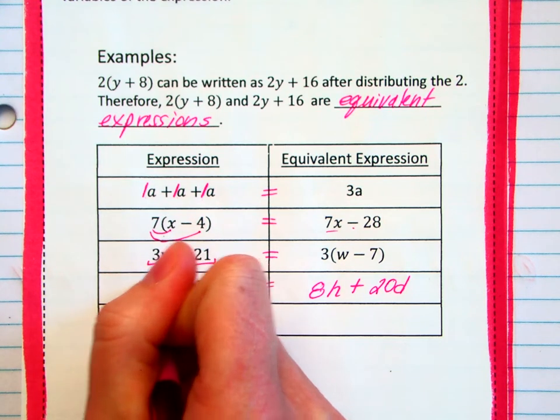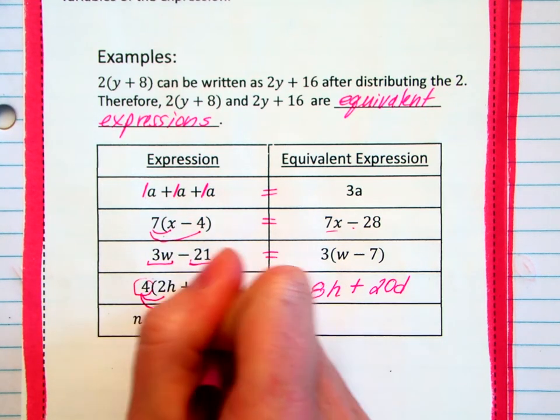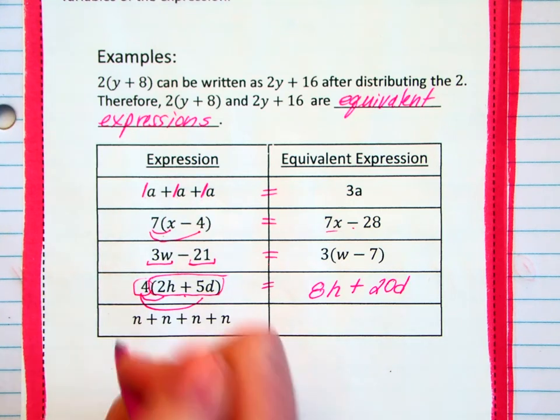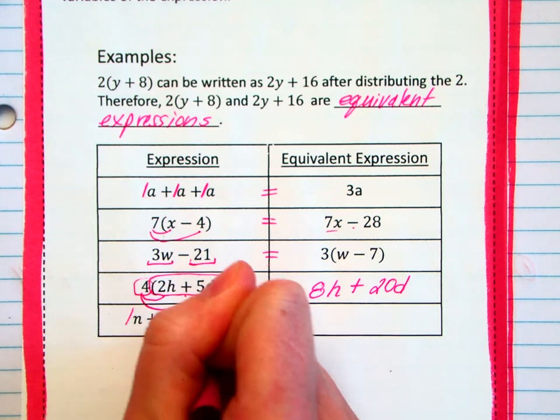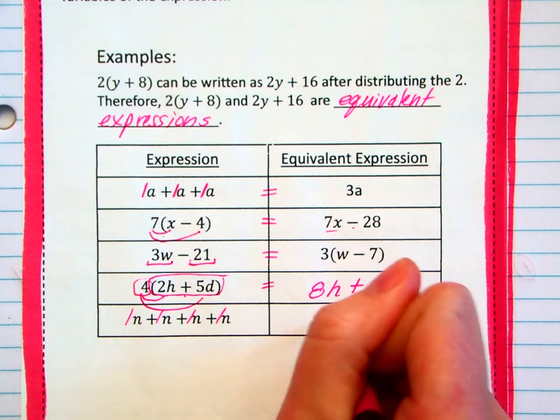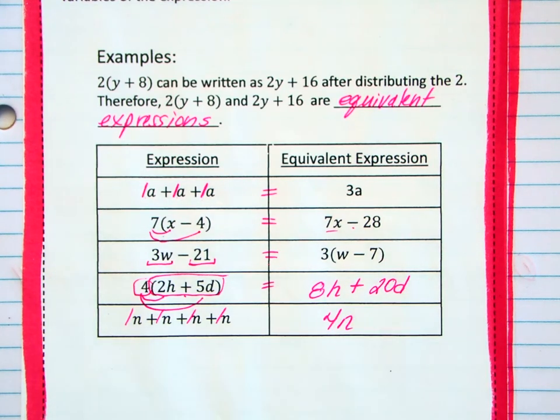Remember, this is one factor. This entire thing is another factor. Therefore, you have to multiply everybody in here by this guy outside here. Here's another one with coefficients that can be added together. 1, 1, 1, 1. How many n's do you have here? 4n. All right, so that completes page 18.